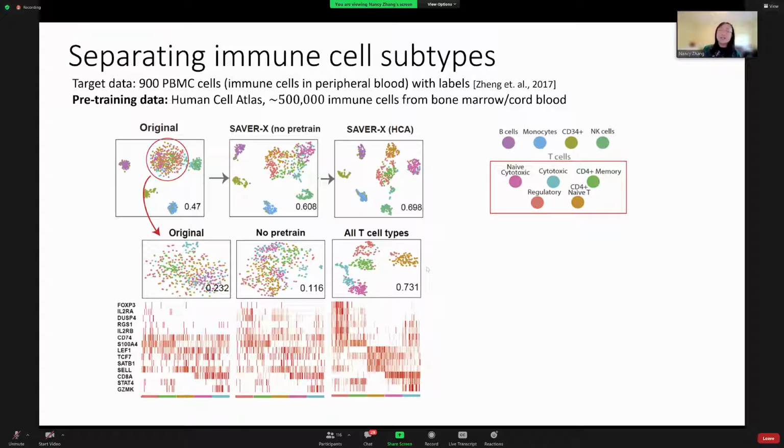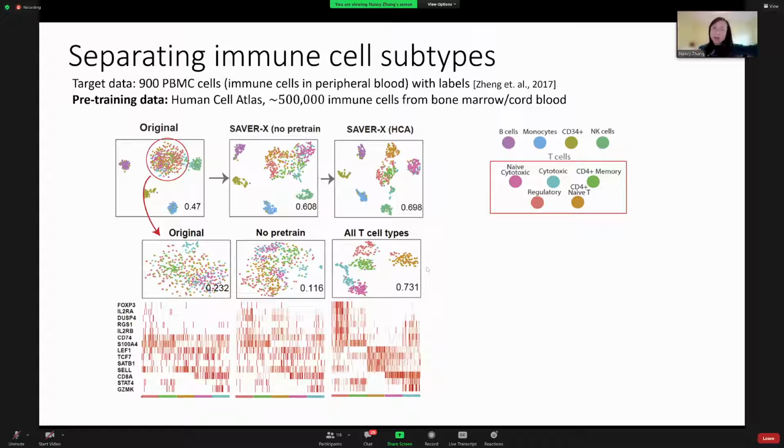Then we asked the question, what if your target data contains a cell type that is not in the pre-training data? So we took these T regulatory cells, which are this orange cluster, and we removed all of the orange cells from the Human Cell Atlas. So we have never seen that cell type.